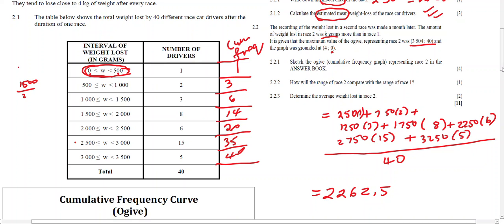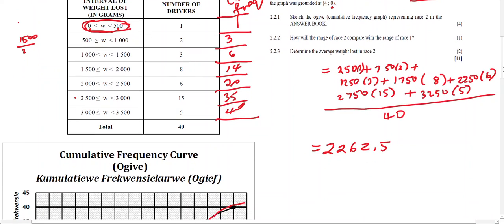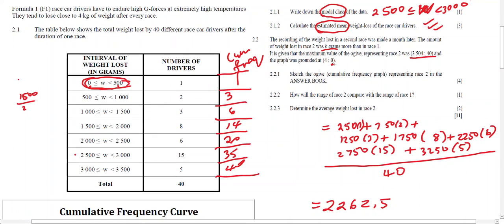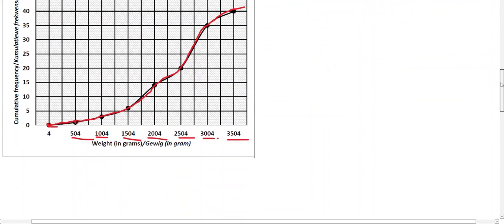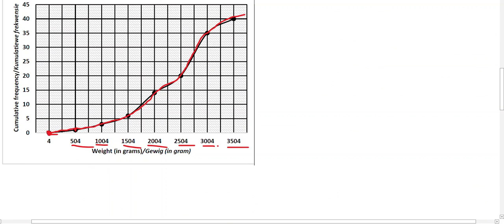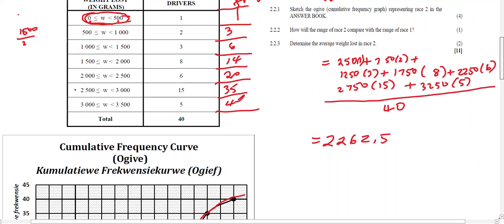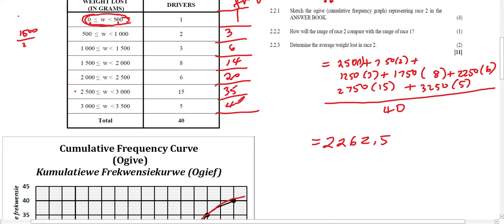Remember, we are told that when x is 4, y is 0. We're going to start with that. That is the starting point. Now we go back to our table. This number, basically 4, goes with 1. This goes with 3, and so on.